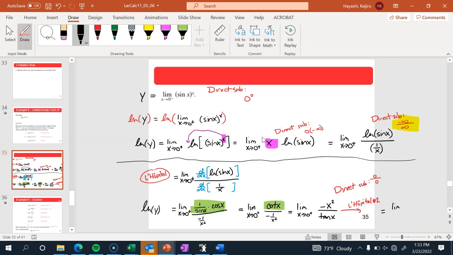The derivative of negative x squared is minus 2x, and the derivative of tangent is secant squared.